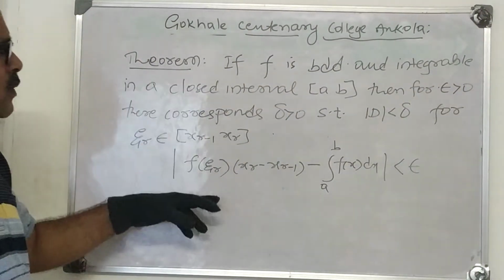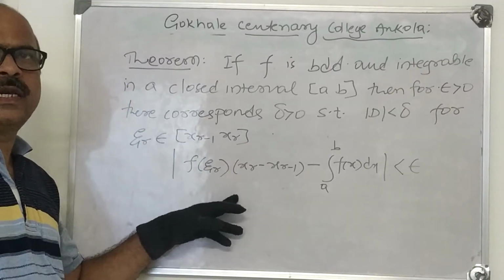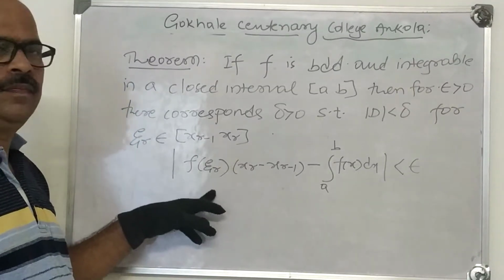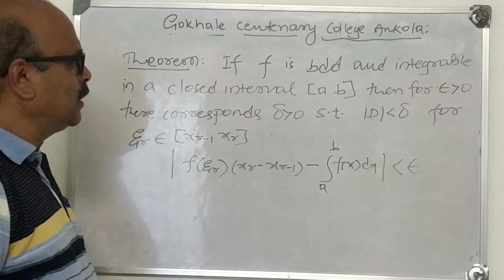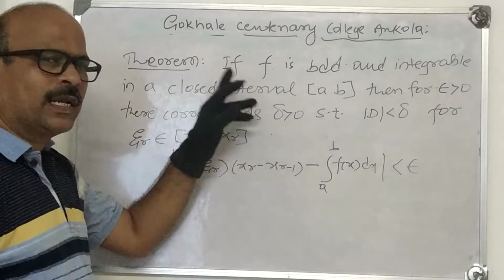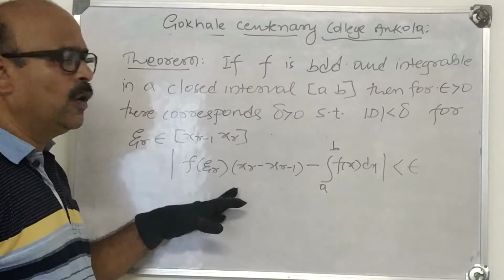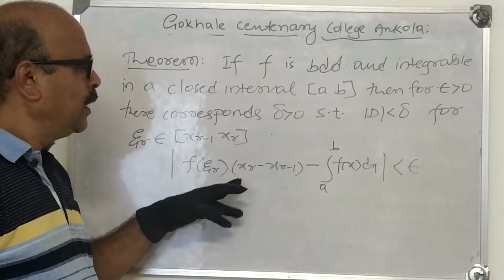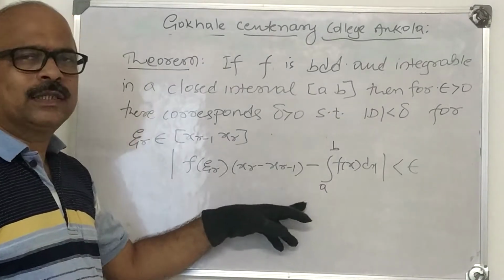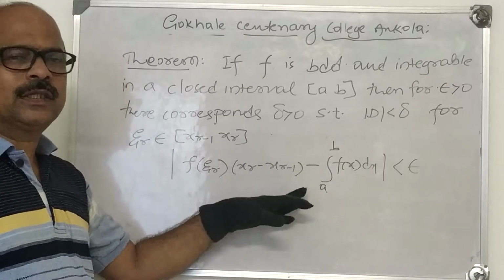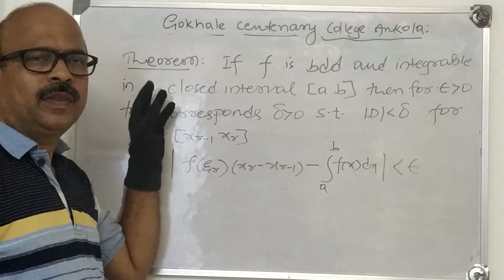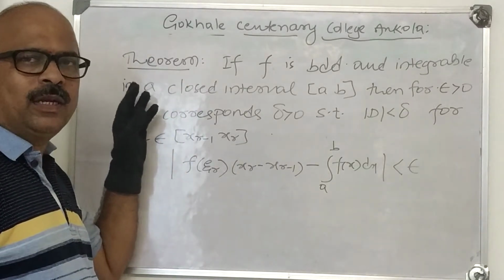So this theorem suggests an alternate definition of Riemann integration. How do you define Riemann integration? If the upper integral of f(x) dx equals the lower integral of f(x) dx, then the function is said to be Riemann integrable.